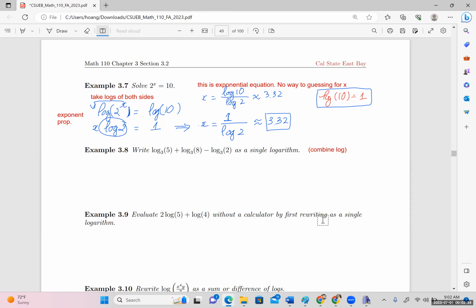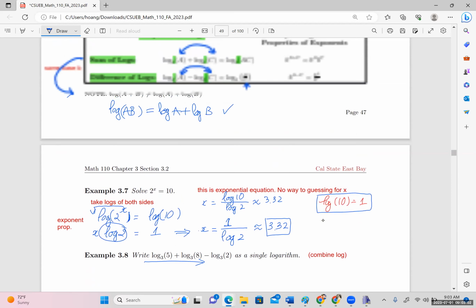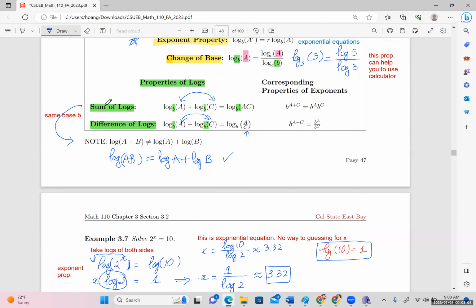So the first, you should go from left to right, but right now you have to make sure they have the same base. Yes, they are base 3. So you can look at the sum of logs and the difference of logs here.